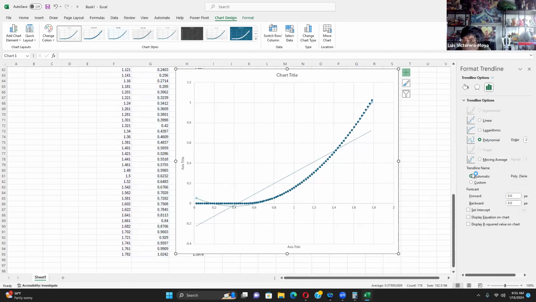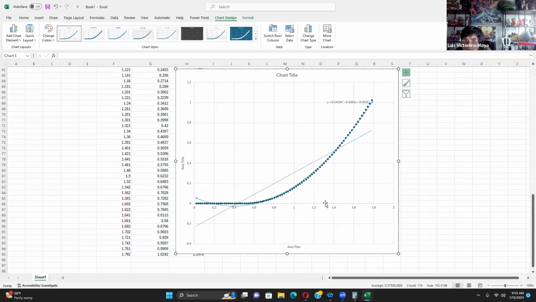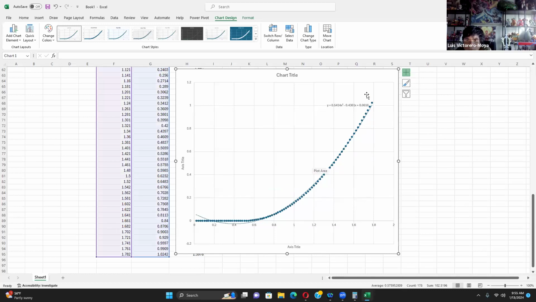There. So we display equation on chart. We eliminate this, and that's your curve there. Very accurate. Position versus time for the first trial.